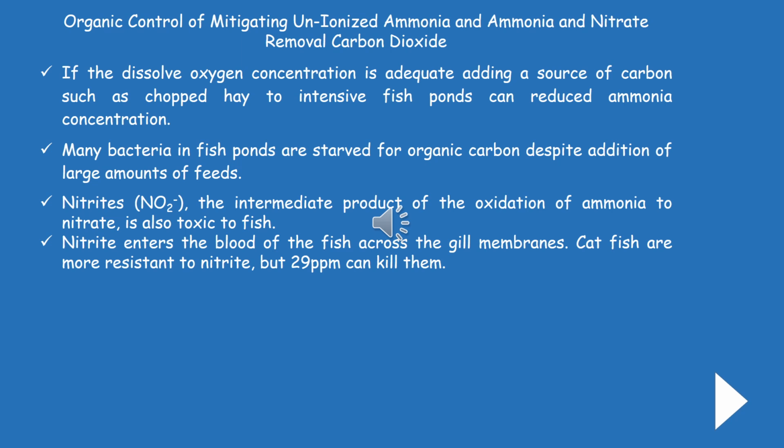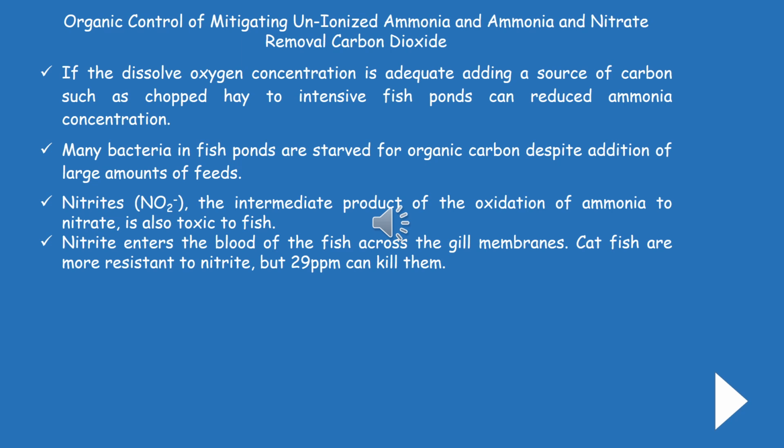Sublethal effects of ammonia: number 1, reduced growth, poor feed conversion, reduced disease resistance. Impact points on this topic: unionized ammonia is the toxic form, and it predominates when pH is high, alkaline, 8, 9, 10, 11, 12, 13 to the extreme of alkalinity.